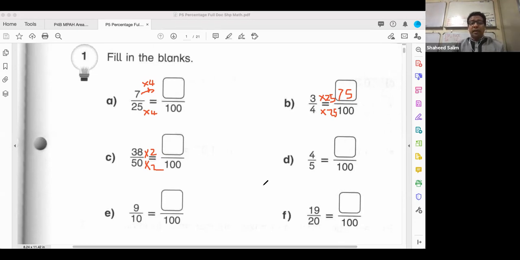Shalina, well done for E. Well done for E. Umaira, well done for C. Well done for C, Miss Naomi. Now we try for D.